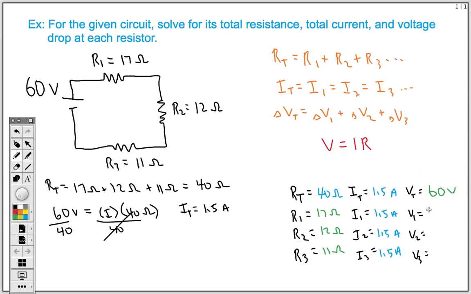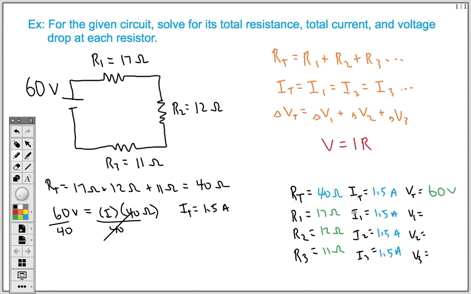Now all we're left with is to solve for each of these voltage drops, which is telling us how many volts are being used as the electricity flows through all of these resistors. Okay, and the way that we do this, just like how we used Ohm's law for the total resistance, total current, and total voltage, we have to do the same at the first resistor.